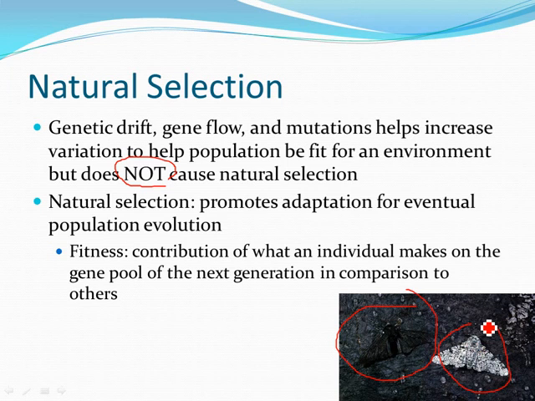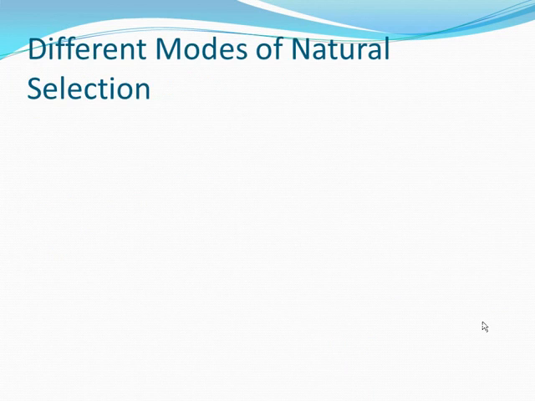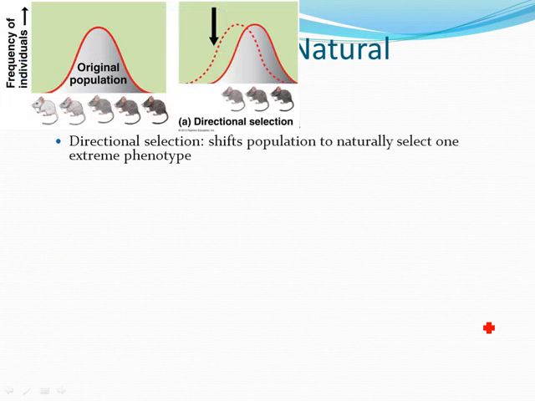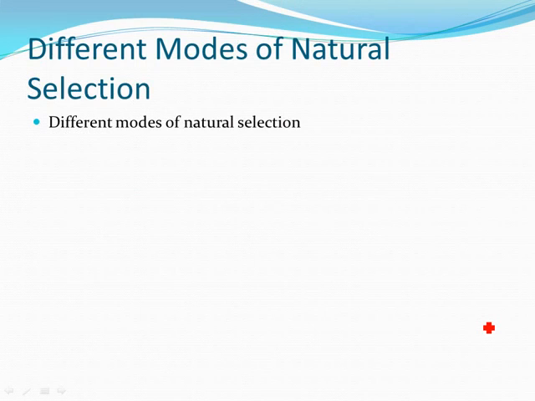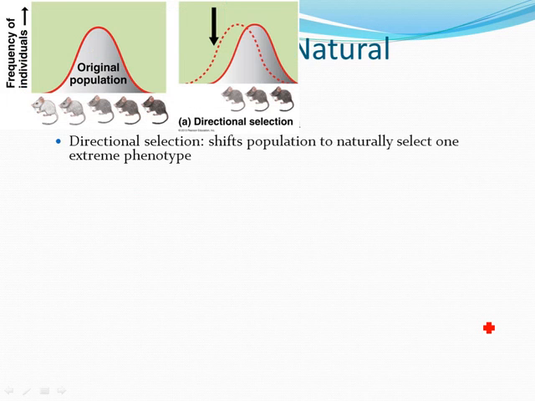So there are different types or modes of natural selection. One is directional selection. Directional selection is when there's a shift in the population. So here's the original population. You'll notice that there's a drastic variation of the different types of phenotypes of this particular mouse here, from white fur all the way to dark fur.